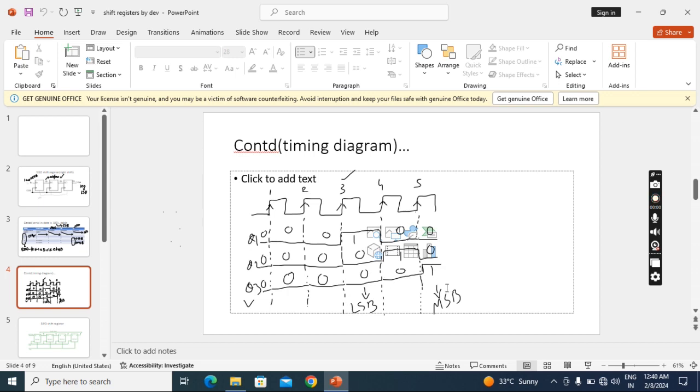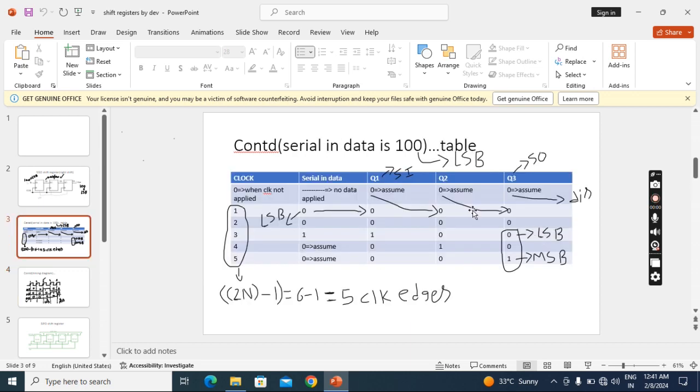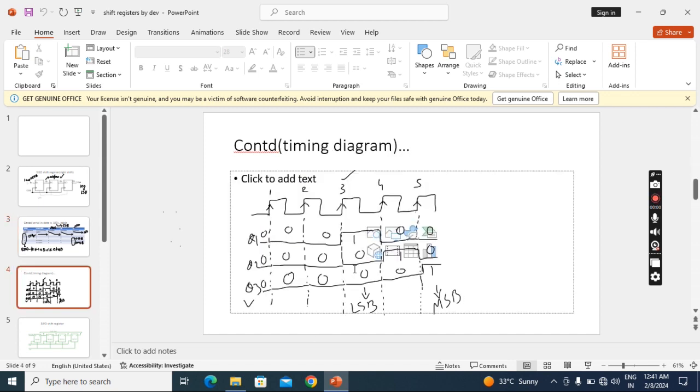Finally, when we observe this timing diagram, who will give the output? Q3 will give the output. First we get this bit at the third clock pulse. See where we get the LSB? At the third clock pulse we get the LSB, 0.